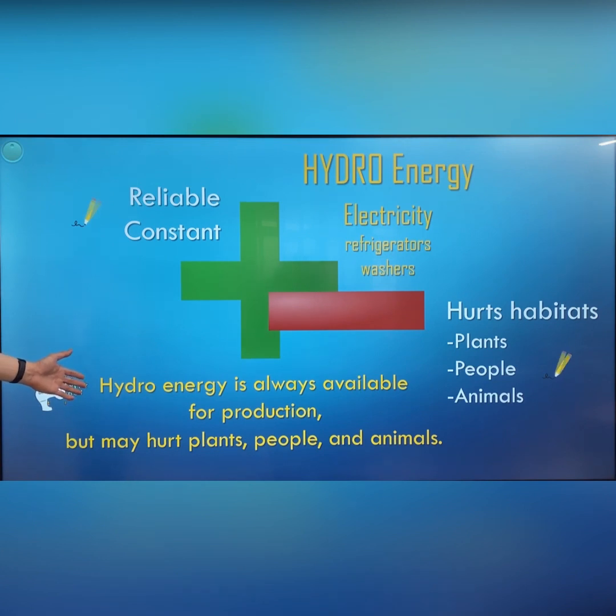Hydro energy is always available for production, but may hurt plants, people, and animals. All right, very good. So if you understand this sentence, you know both the positives and the negatives of hydro energy.